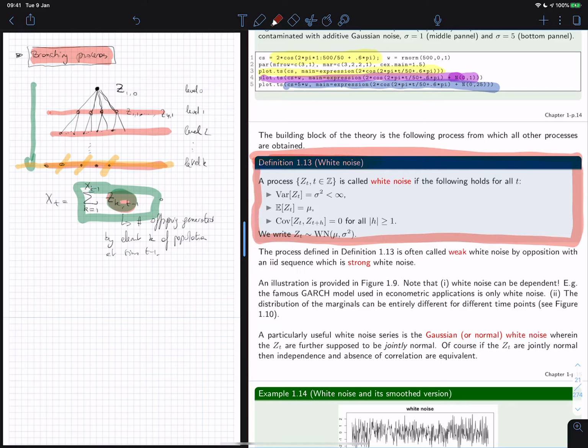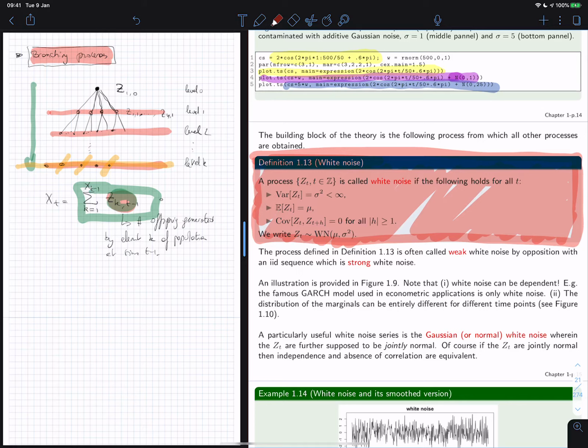White noise is a sequence of data which has no real structure. So this definition you have to know, it will be coming back all the time. So you probably already know it for a lot of you.